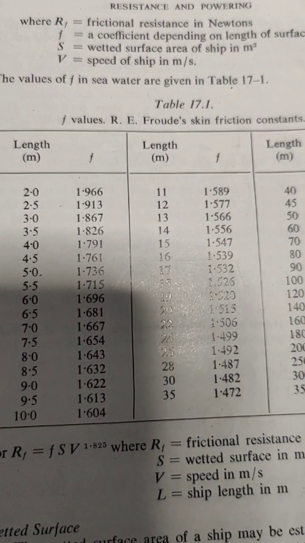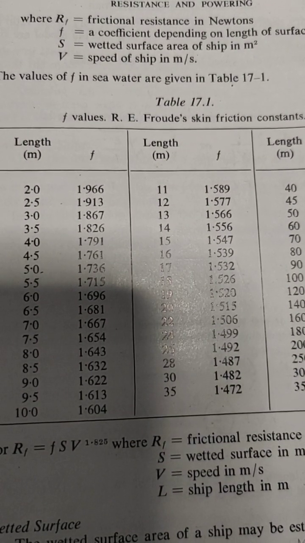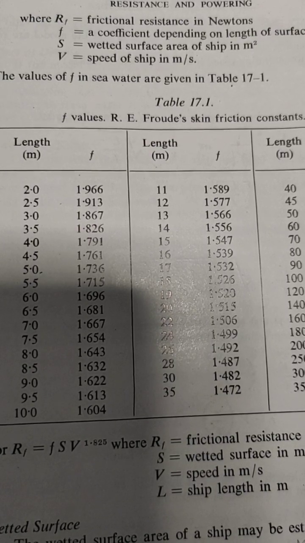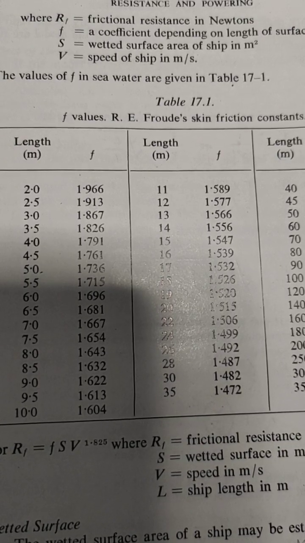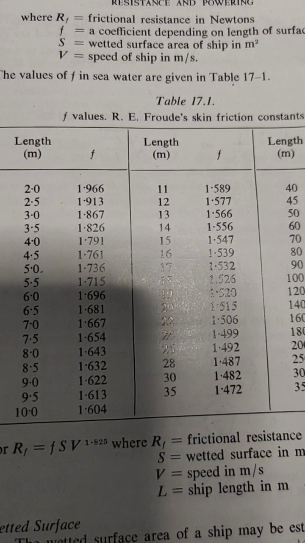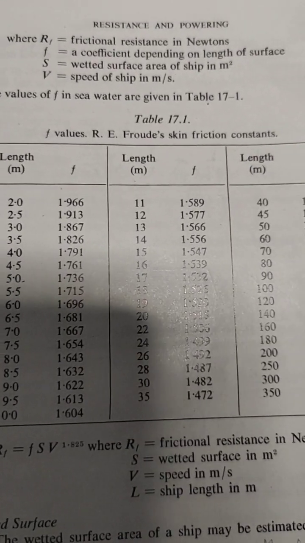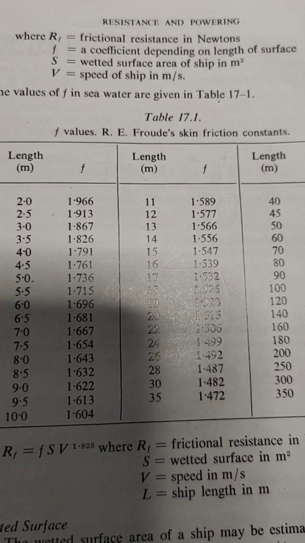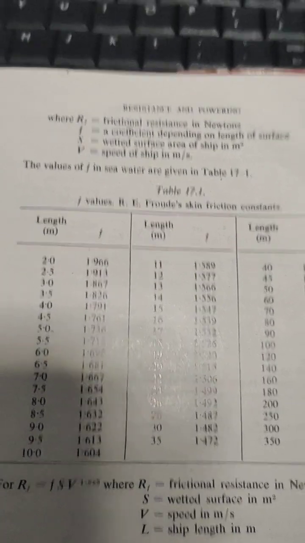In this table, it is given the length of the ship and the value of F against the length of the ship. So from there, we can get it for the length of the model or the length of the ship, as the case may be. You can see it is ranging up to 350 lengths, so it covers the lengths of so many ships that can come in.